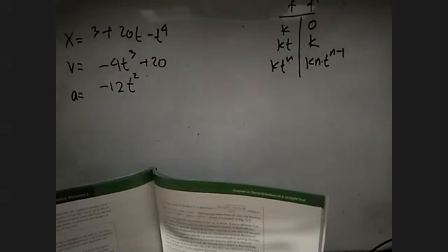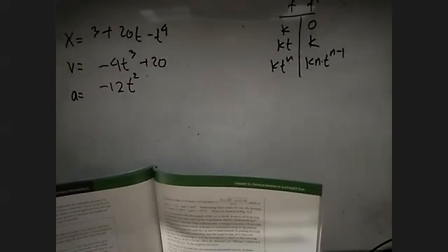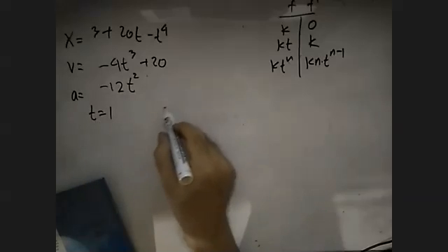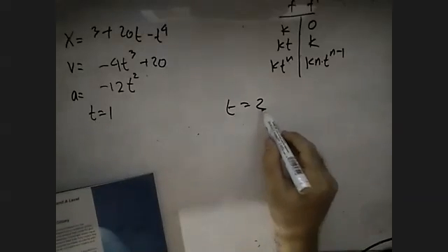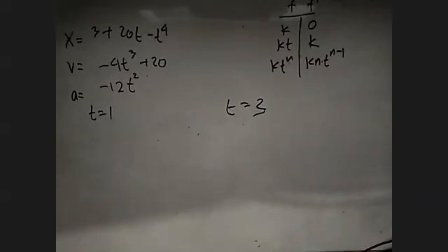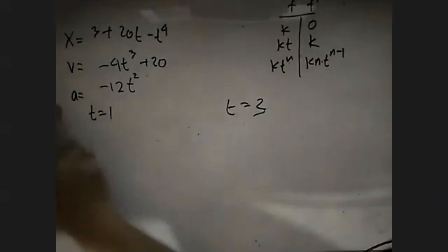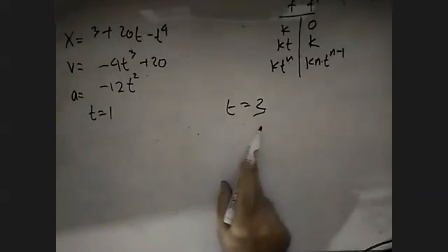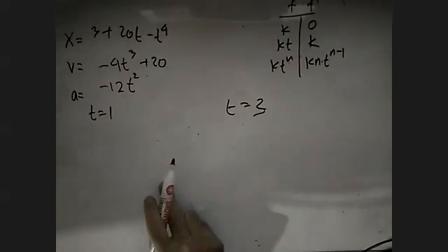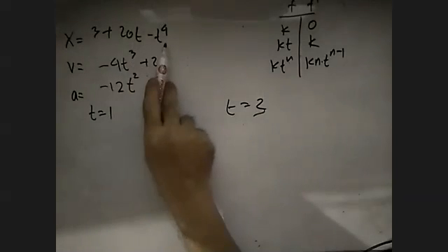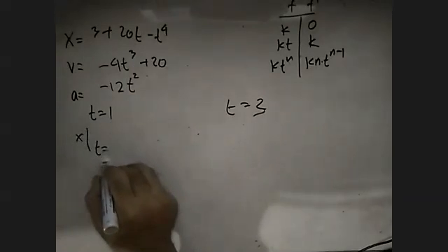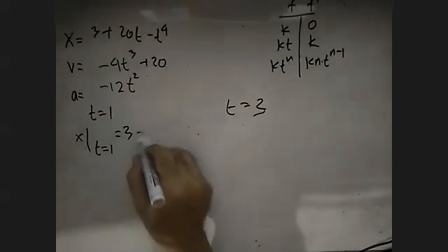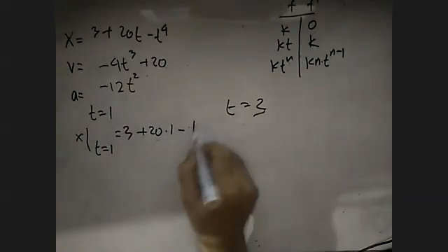Now, they're asking, find the displacement, velocity, and acceleration when t equals 1 and when t equals 3. So they're asking what is x, v, and a when t equals 1 and when t equals 3. What we do is we substitute any t here with the number. So x when t equals 1 is 3 plus 20 times 1 minus 1 power 4.